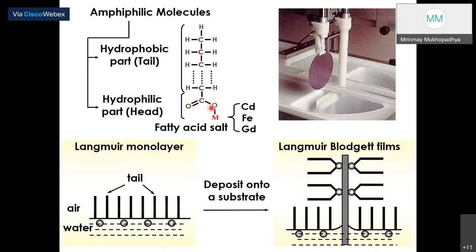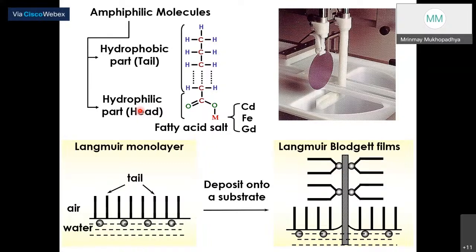We call the hydrophilic part the head and the hydrophobic part the tail. If you make a vesicle, all the heads can form the outside and the tails can project out, or the heads can be on the outside and the tails can go inside, depending on the environment.